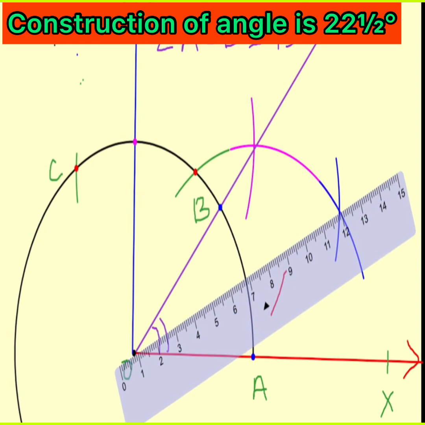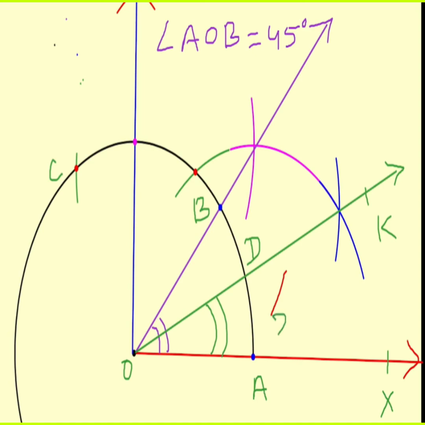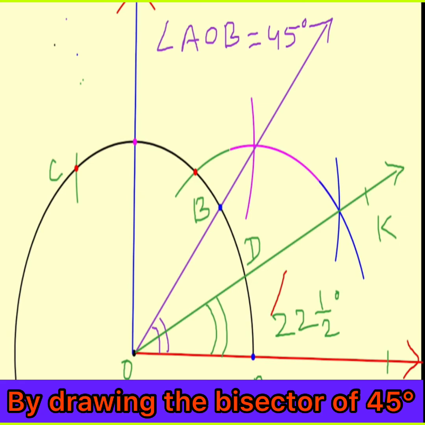As you see, this ray shows that angle AOD, this one angle, is 22.5 degrees. So you can write that angle AOD equal to 22.5 degrees.